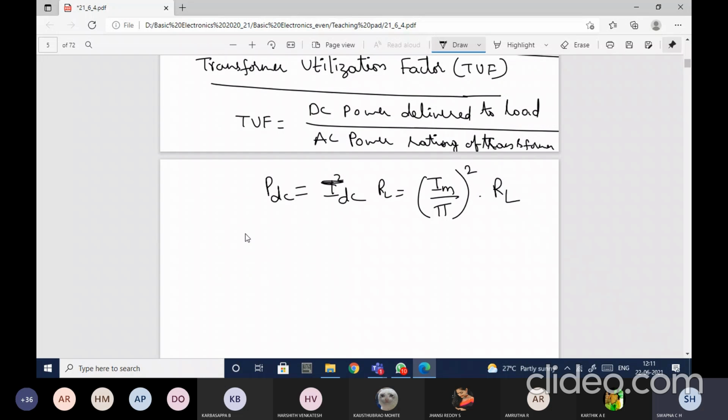In the same way, I need to find the power of the transformer. Generally, the power rating of the transformer is given by VI, so VRMS into IRMS. What will be your VRMS value and what will be your IRMS value? You need to apply your logic and tell me. Don't blindly say VRMS.